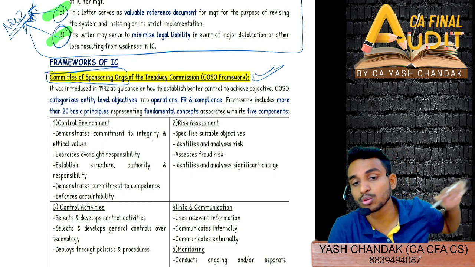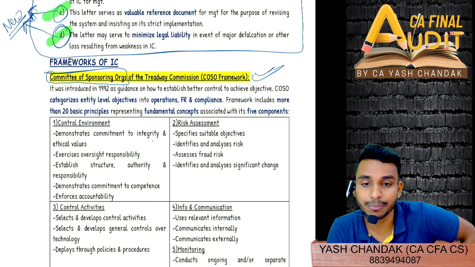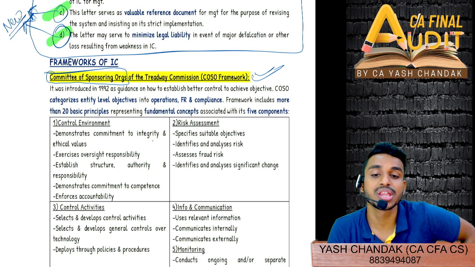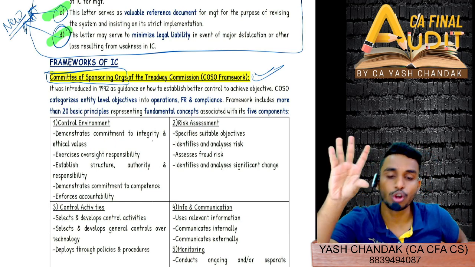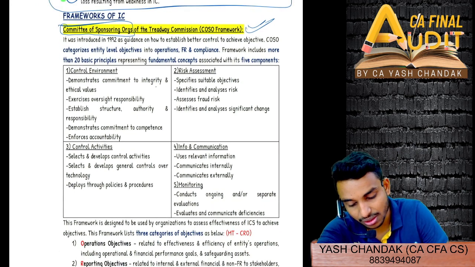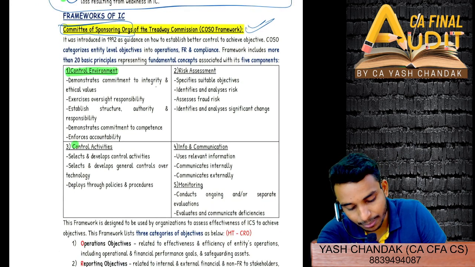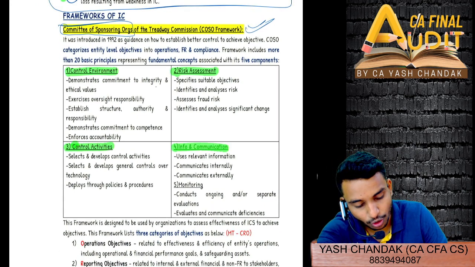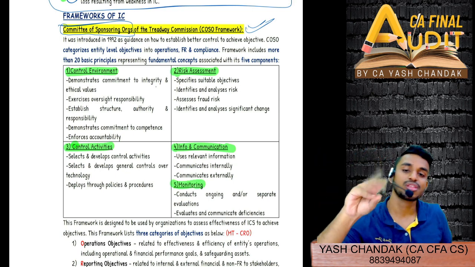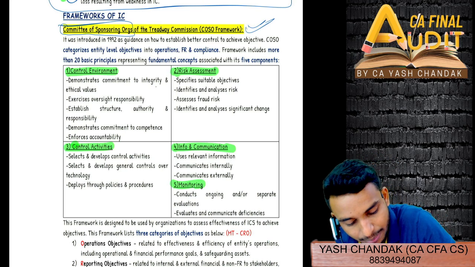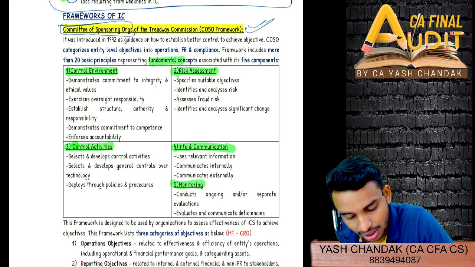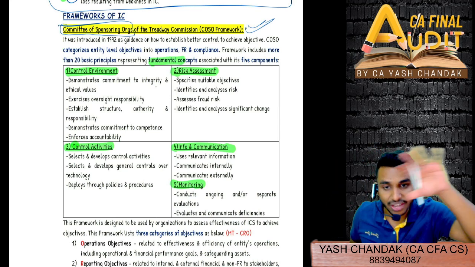Recently, in 2017 or 2010, I don't remember, they reframed it and came out with 17 principles inside the five components. And what are the five components? Control environment, control activity, risk assessment, information and communication, monitoring. The same five components of internal control. They have divided their fundamental concepts into these five components.